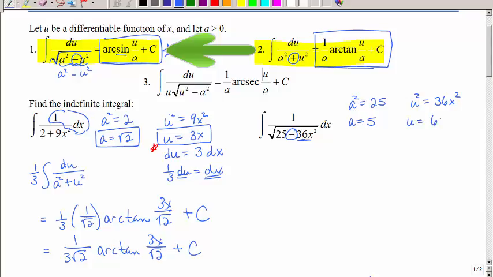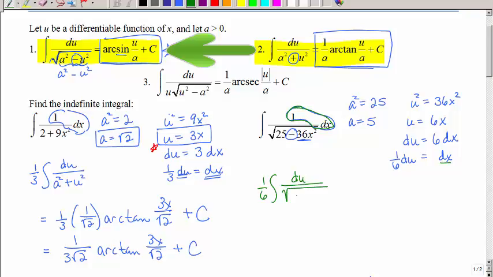So u is 6x, so du is 6 dx. So again, I have to make my substitution for dx, so dividing by 6.